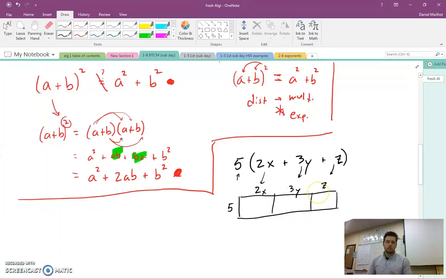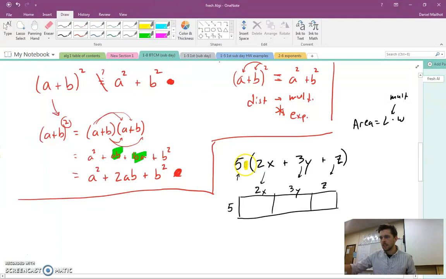So we made a visual representation of this problem. When you find area, you use multiplication. Length times width, right? This problem here, that's multiplication going on right there, like length times width. So we can represent it visually by thinking of area.